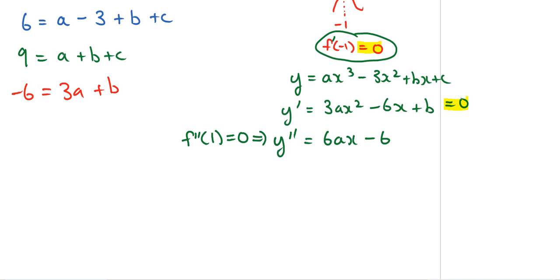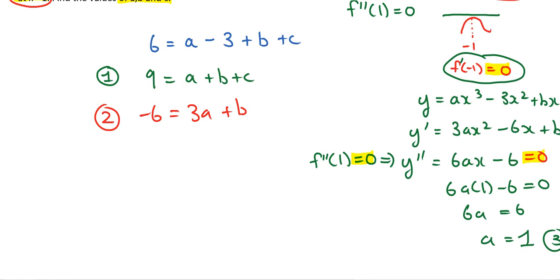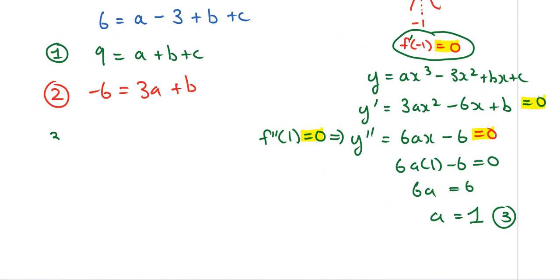So I can just set this equal to 0. This part right here represents that part right there. I plug in x equals 1 and set that equal to 0. This is going to be 6a equals 6, and that means a will equal 1. So this is my third equation. That means a equals 1.